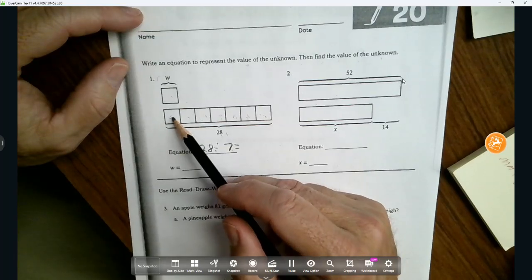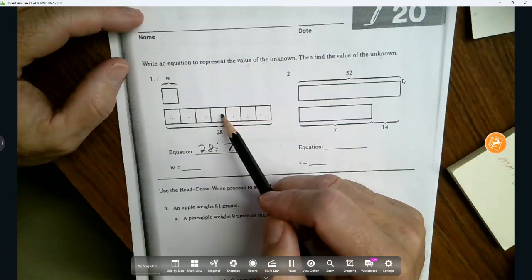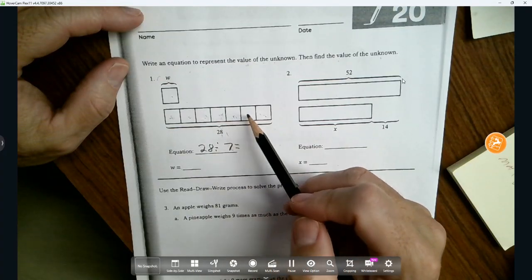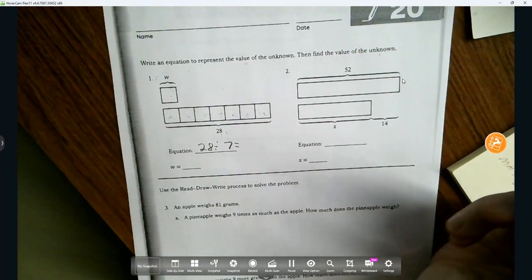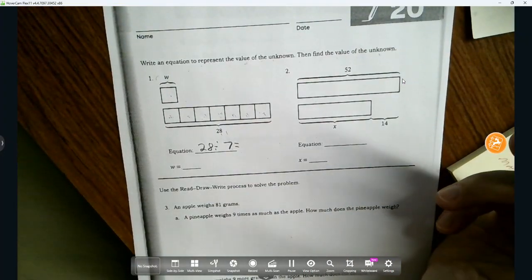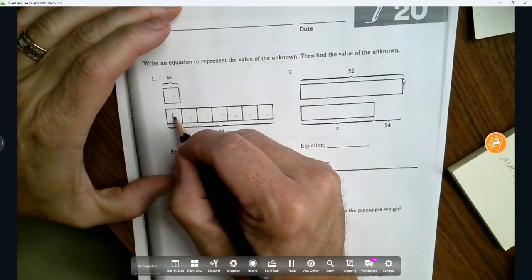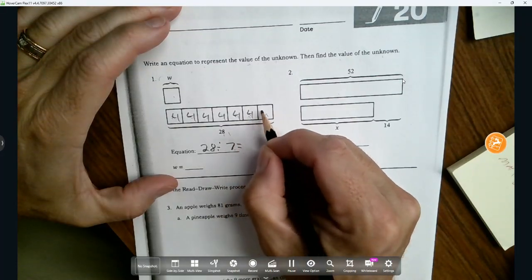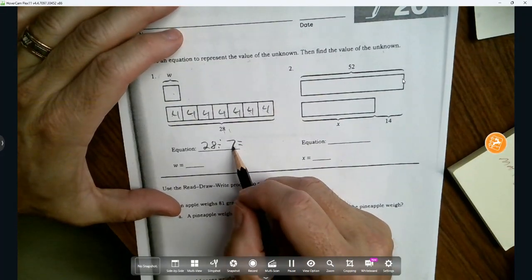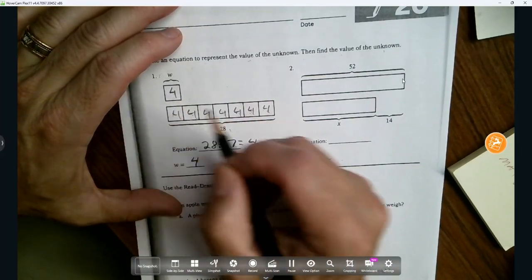No. 4, 8, 12, 16, 20, 24, 28. Look at that. I figured it out just by adding together. These are all going to be worth 4. And if you know that 7 times 4 is 28, then this is worth 4.